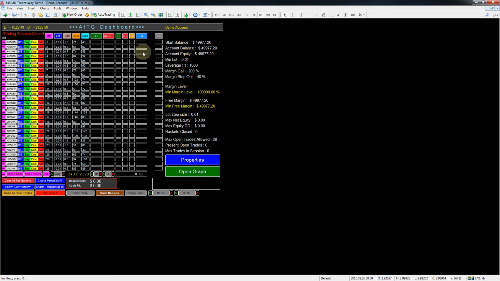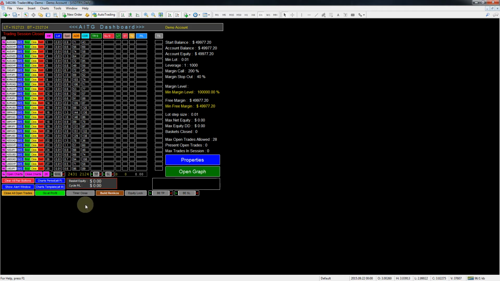What that means is when this basket hits its take profit, it will close and you will not open up any more baskets. It'll stop after 1. You can stop after 1, you can stop after 2, 3, 4, or 5. And then if you hit it again, it goes back to continue. With the Go at Profit, it'll just keep taking baskets and closing them according to your settings.